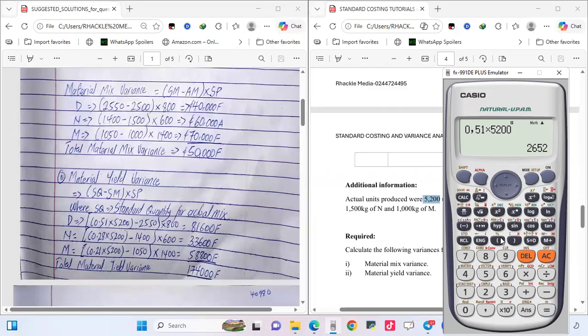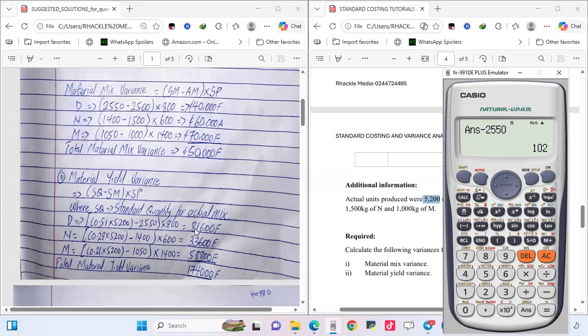If it were to be ratio and proportion, let's say if it was 3:1:1, it would have been, for example, D will be 3/5 times 5,200, right? So this one we have 2,652. So we subtract the 2,550 from it, get 102. Now 102 times 800 is the one going to give us the 81,600.